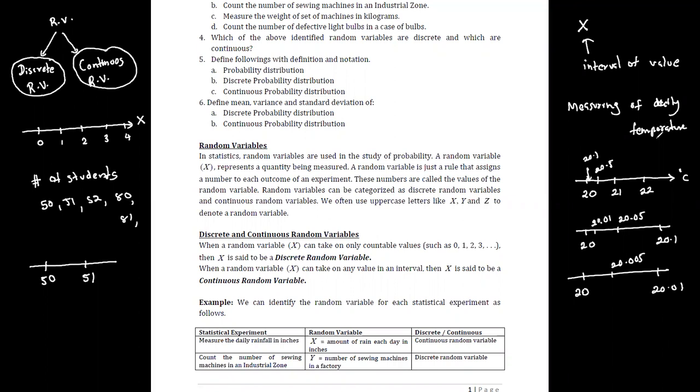Suppose we measure the height of a student, if one student has a height of 180, then between 179 and 180, if you take this interval, there will be infinitely many more values.